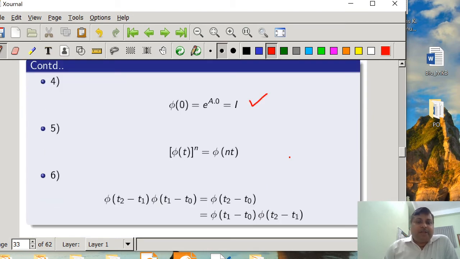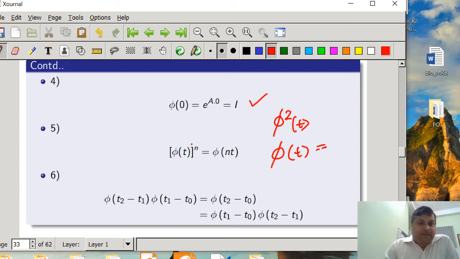Then if we want to compute the nth order of phi of t, it is simply to calculate phi of nt. Fine. So if in your exam it comes, suppose compute phi square of t, you should calculate phi of t and then replace t by 2t, so you will get the second order, or square, of phi t.